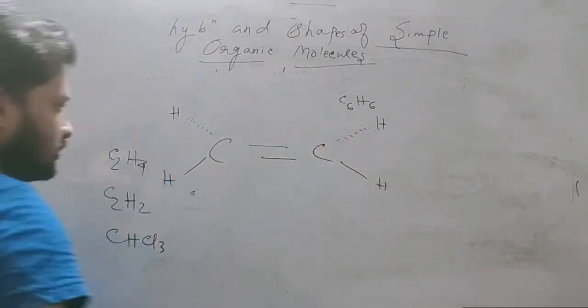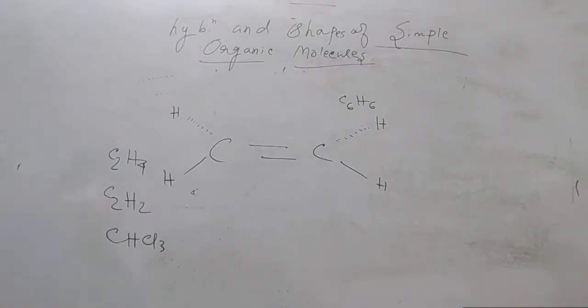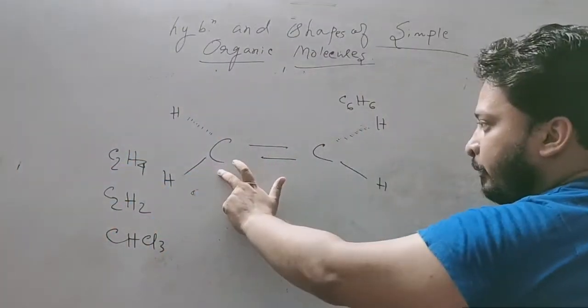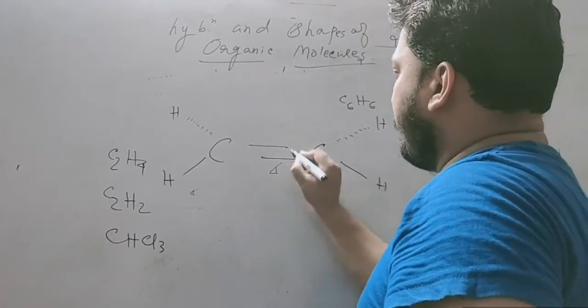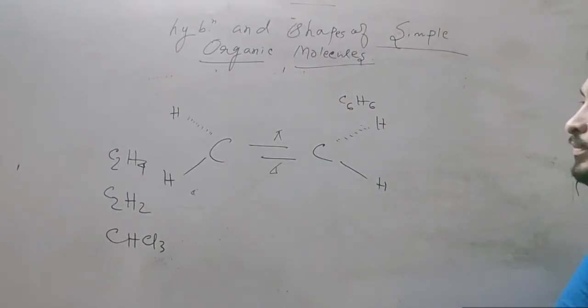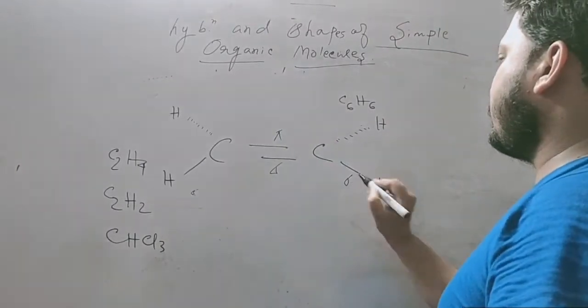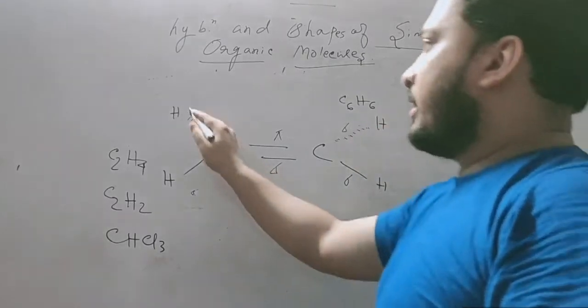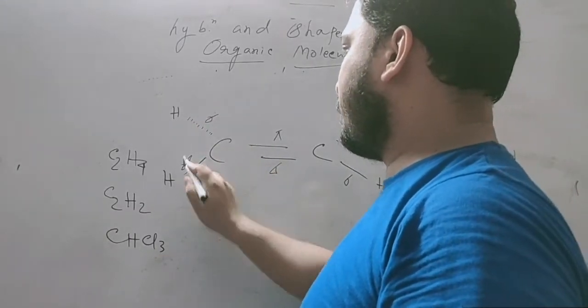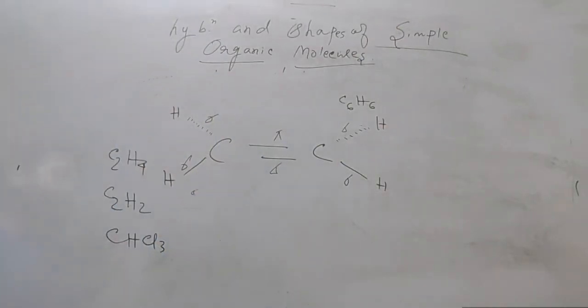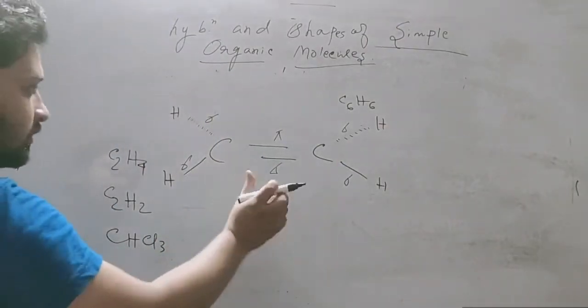Here the bond between carbon carbon, one is sigma bond, another is pi bond. And between carbon and hydrogen, each is a sigma bond. Okay, clear?